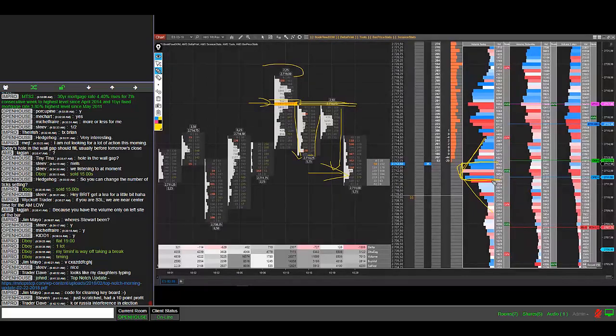But normally on an HVN, it's gonna be stuck there for a while because there's a lot of trading going on. Unlike an LVN, that's likelier to blow through it and then use it as a kind of resistance. If you draw this, you can kind of already see that happened, right?